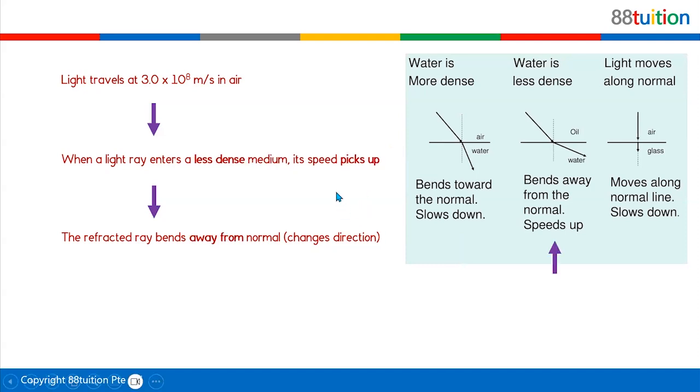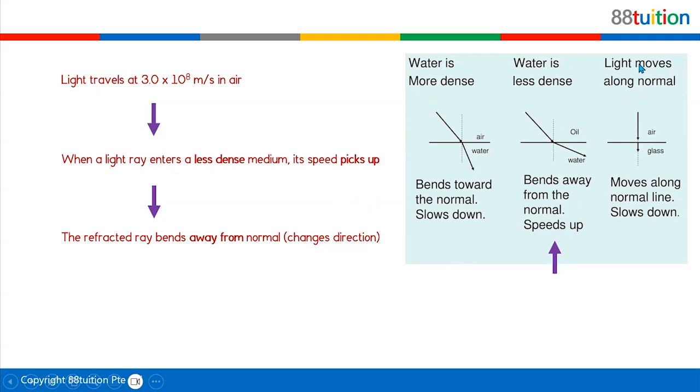So the opposite also holds. When a light ray enters a less dense medium, so I put an arrow here from oil, which is denser, to water, which is less dense, light will speed up and therefore it will bend away from the normal. However, the third scenario, nobody asked me yet. I was waiting for y'all to ask.